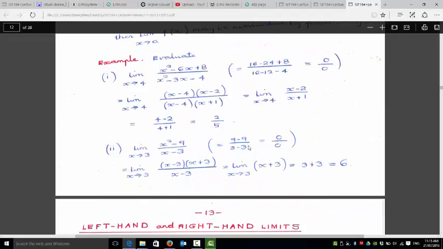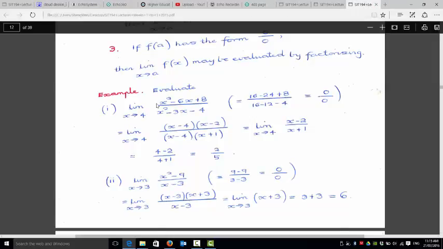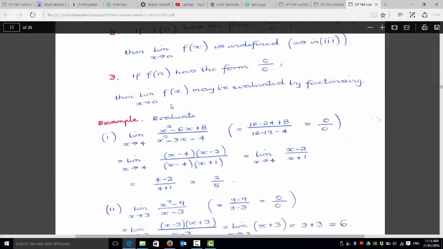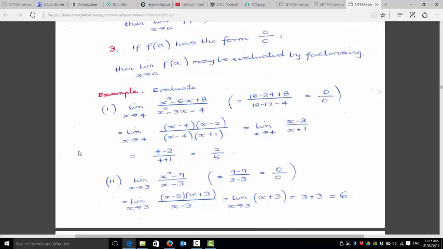Here we can give you some examples. The first example is x squared minus 6x plus 7 over x squared minus 3x minus 4.